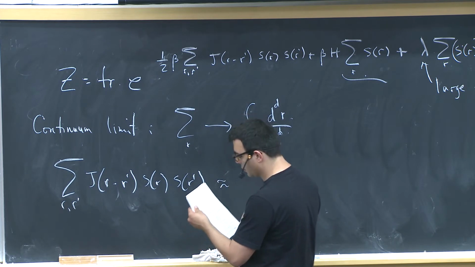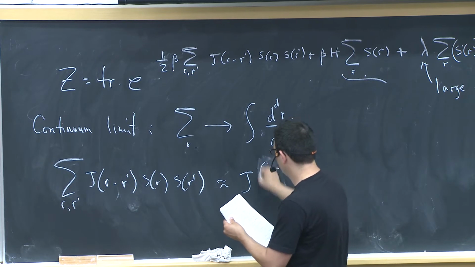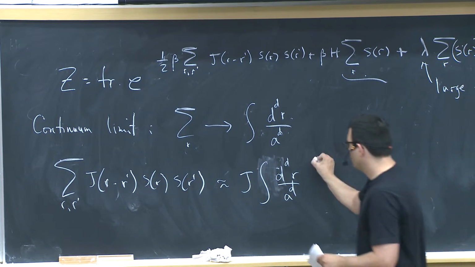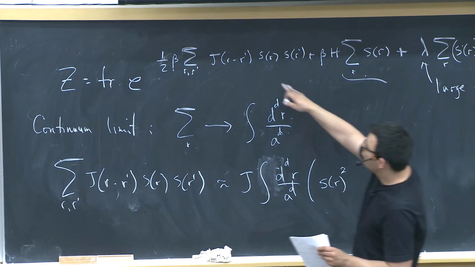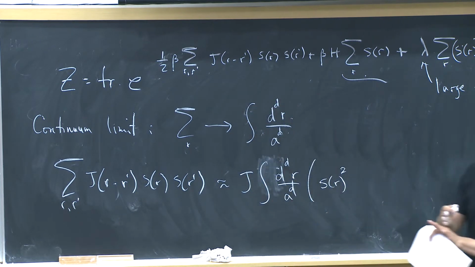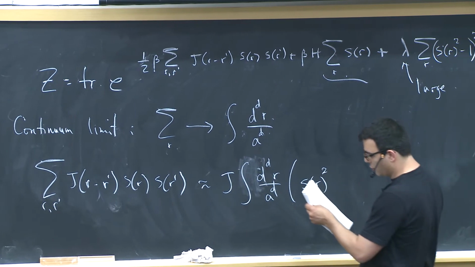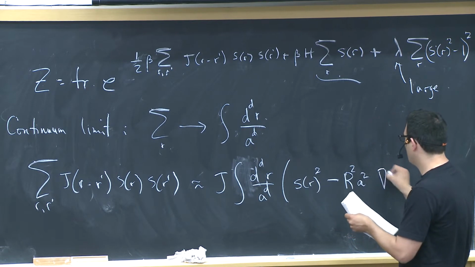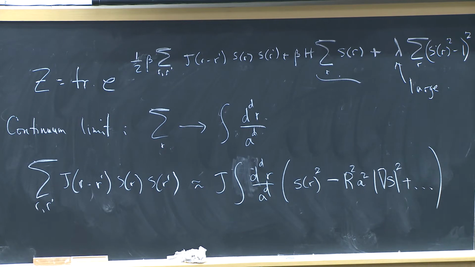This becomes J times the integral over R of s of R squared. This would be the first term when we assume that J is evaluated at R equals R prime. And then the next term in the gradient expansion would be something like minus R squared, a squared, times the gradient of s, quantity squared, and then so on, terms with higher derivatives in s.